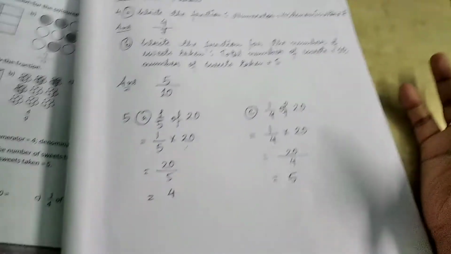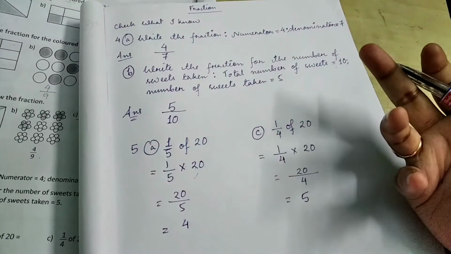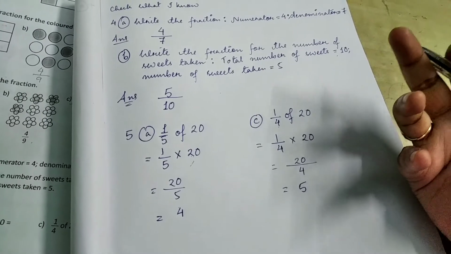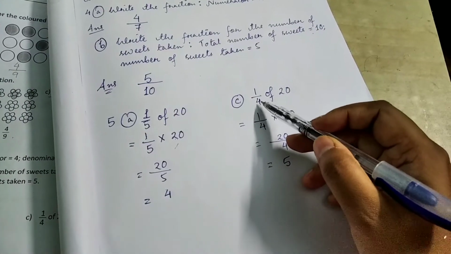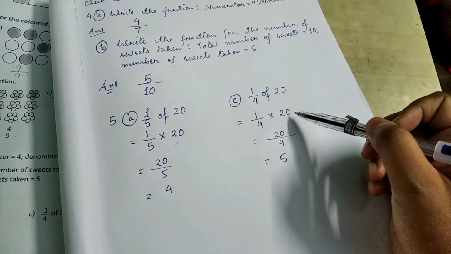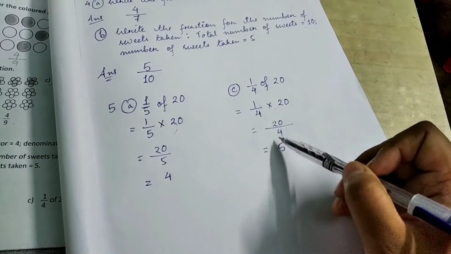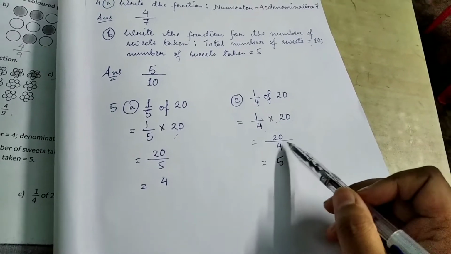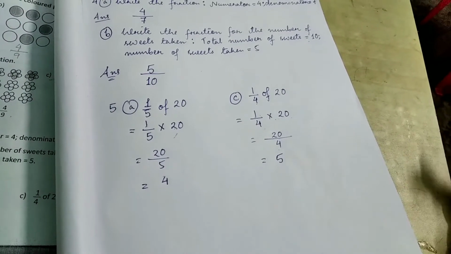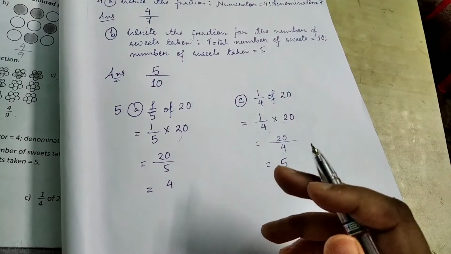All fractions and decimals are related to multiplication and division, so if you don't know them, it will be difficult for you. Read it properly. If you know 4 into what is 20, then you can put the answer directly. So 1 by 4 of 20, of means into, so 1 into 20 is 20, and 20 by 4 means 20 divided by 4, which gives 5. Similarly for the others. This much for you, I think you can do the other questions.